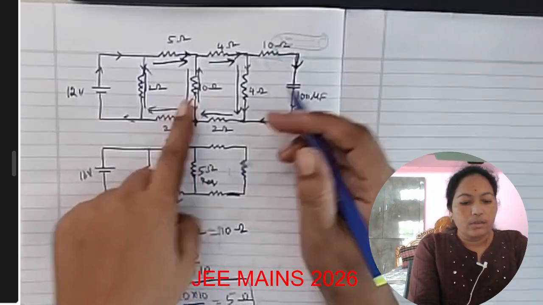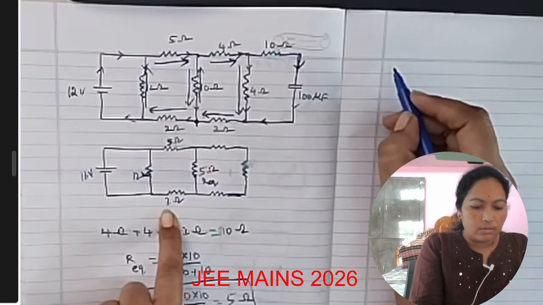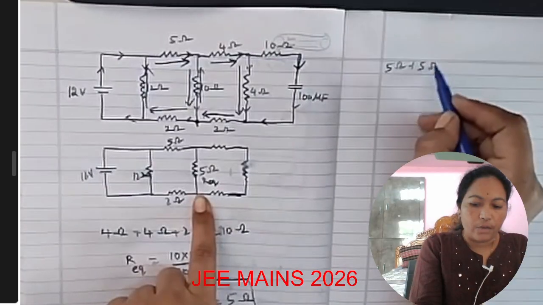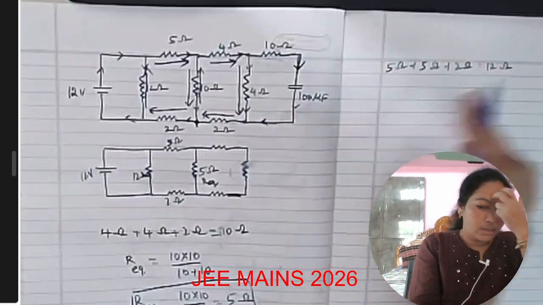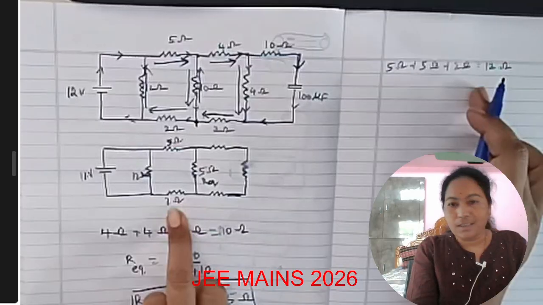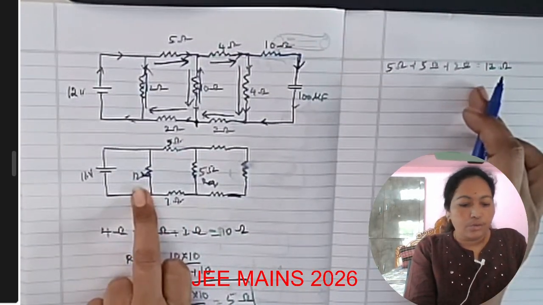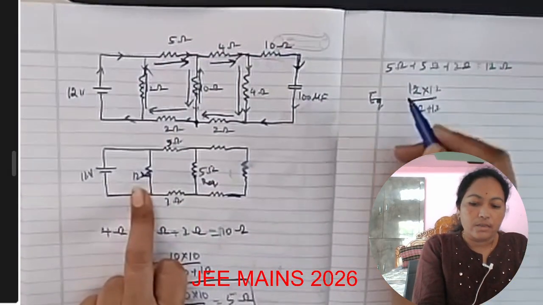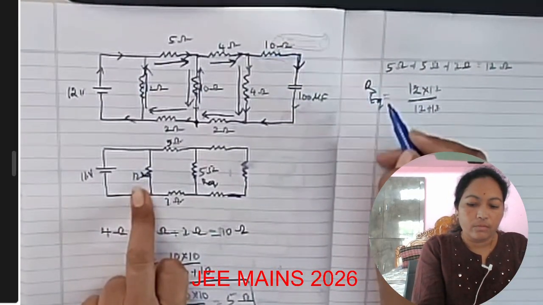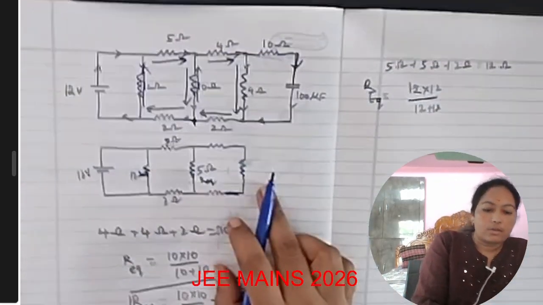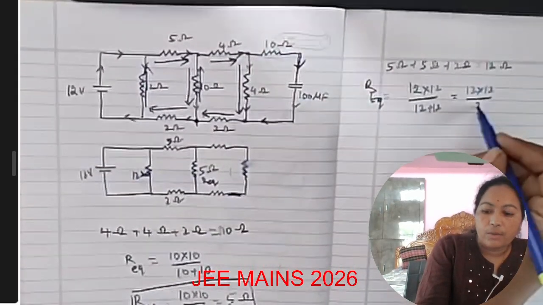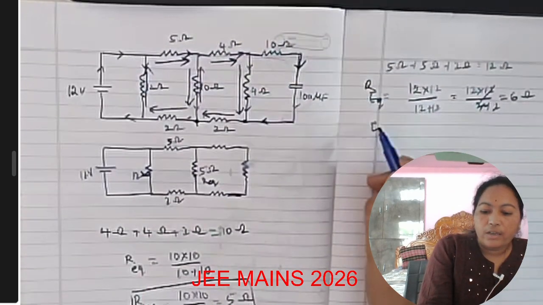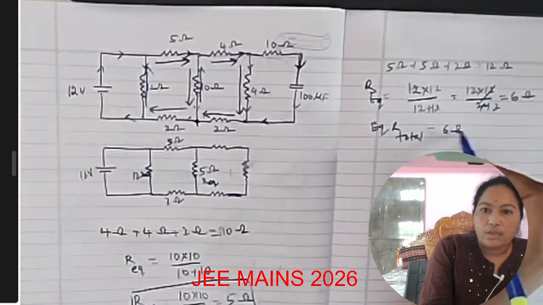So let us find the resistance of these three resistors: 5 ohms plus 5 ohms plus 2 ohms, that is 12 ohms. These three in series are parallel with the 12 ohms. So the equivalent resistance of the total circuit is 12 into 12 by 12 plus 12, which is 12 into 12 by 24. You get 6 ohms. The equivalent resistance of the total circuit is 6 ohms.